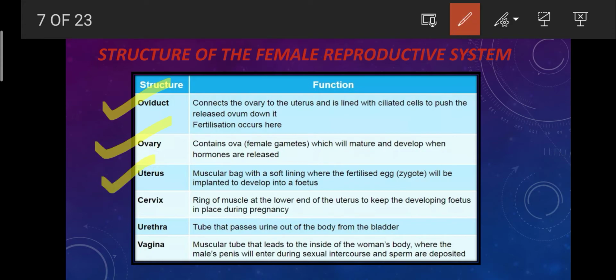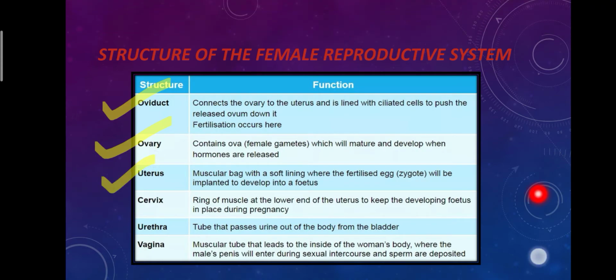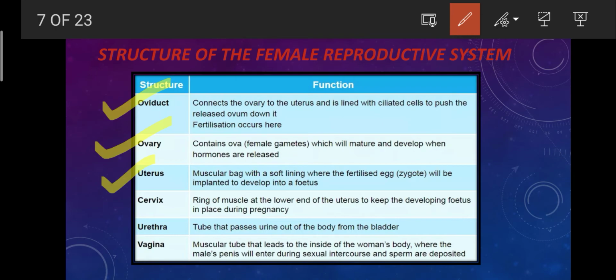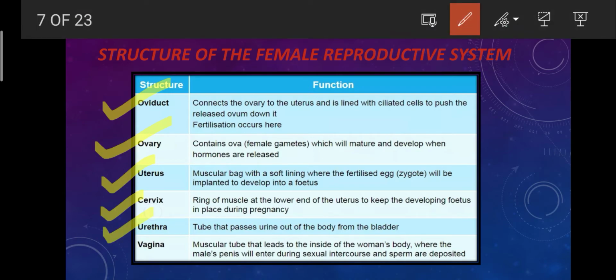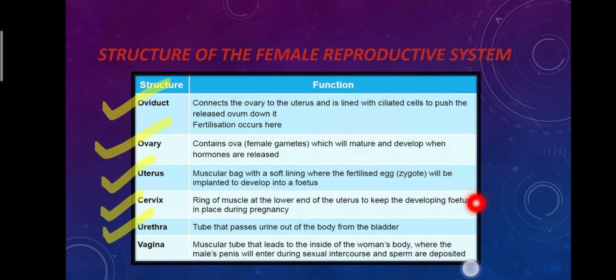The uterus is also a structure in the female reproductive system. It is a muscular bag with a soft lining where the fertilized egg or zygote will be implanted to develop into a fetus. What is the function of the cervix? It is the ring of muscles at the lower end of the uterus and keeps the developing fetus in place during pregnancy. The urethra is a tube that passes urine out of the body from the bladder.